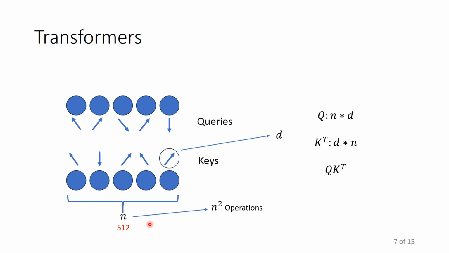In modern transformers, this sequence length is usually 512. And this inner dimension, the embedding dimension, will also be of the same order of magnitude. So as a result, the dot product, the query key transpose, will almost have a rank of 512.